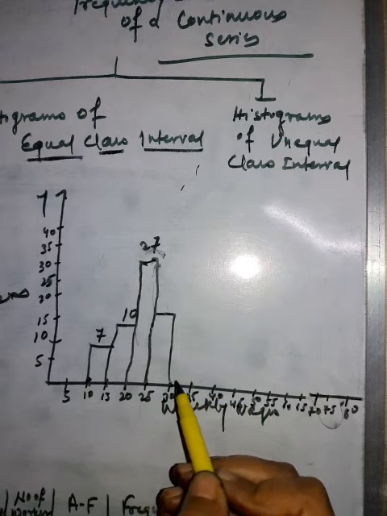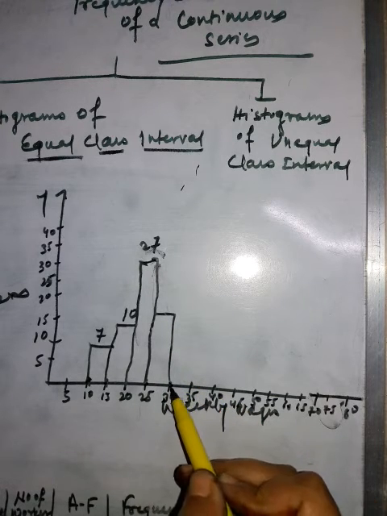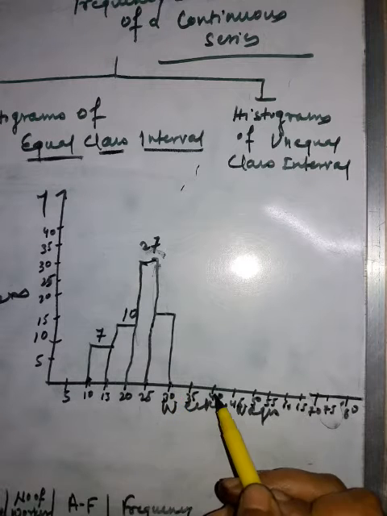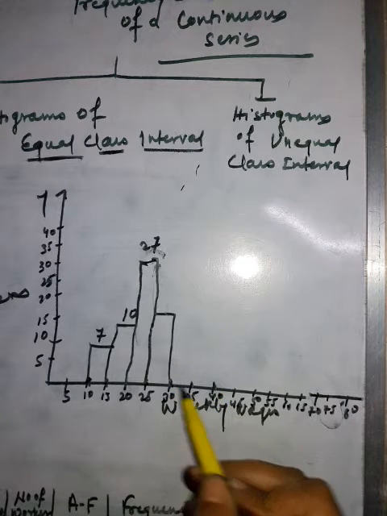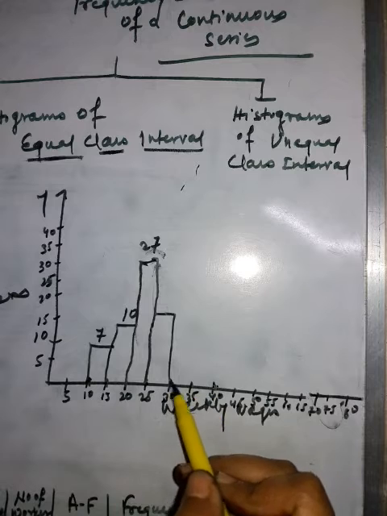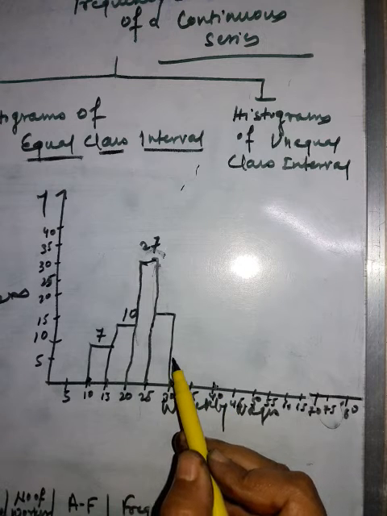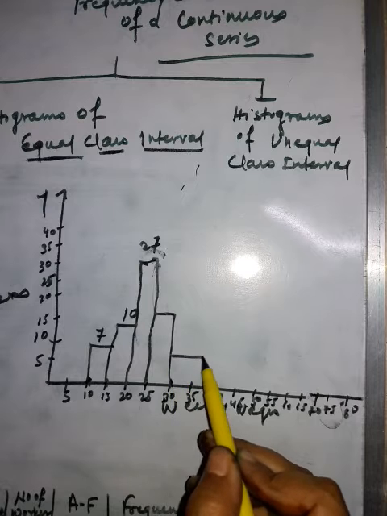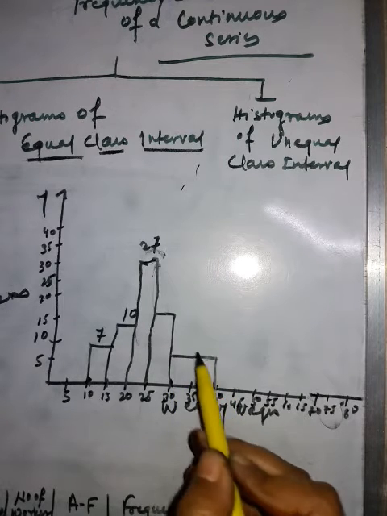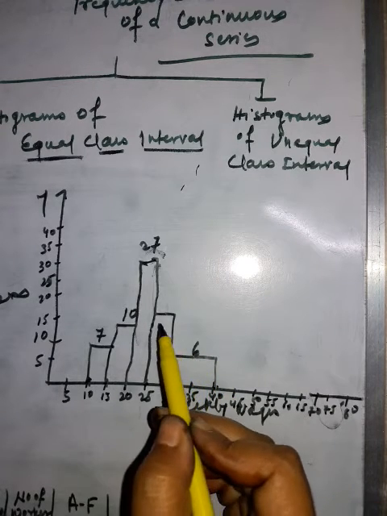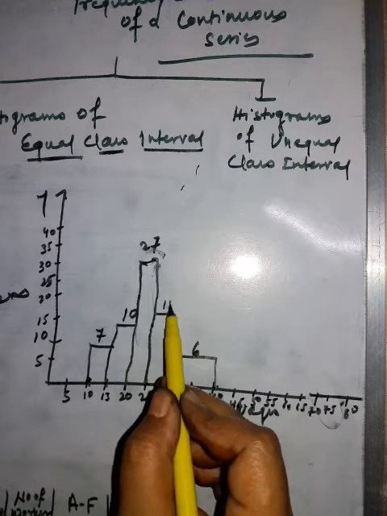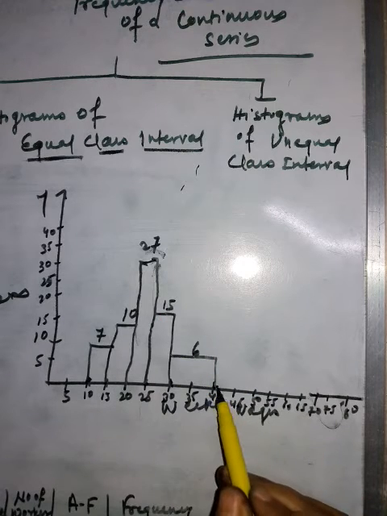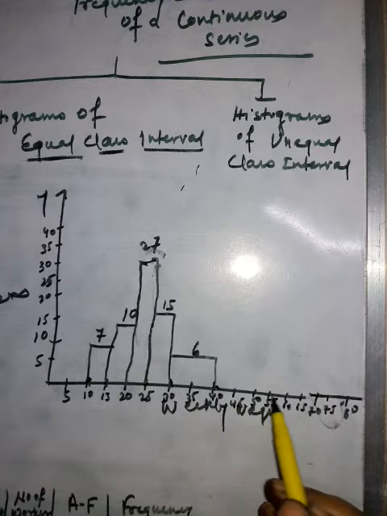Then 30 to 40. Here the class interval is 30 to 40, and the frequency density is 6, so here will be 6. Okay, next we have a class interval of 20 and frequency density is 3.